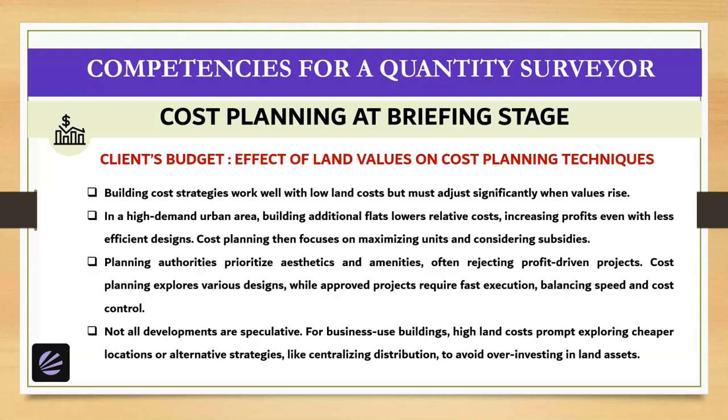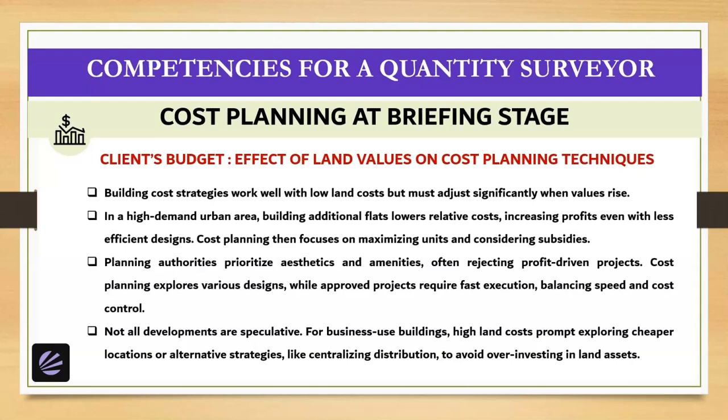Cost planning then focuses on maximizing units and considering subsidies. Planning authorities prioritize aesthetics and amenities, often rejecting profit-driven projects. Cost planning explores various designs, while approved projects require fast execution, balancing speed and cost control.